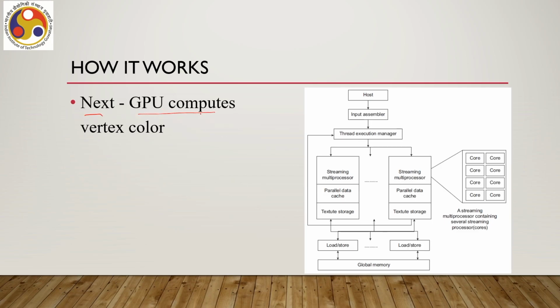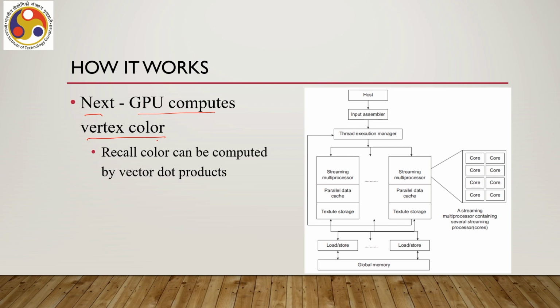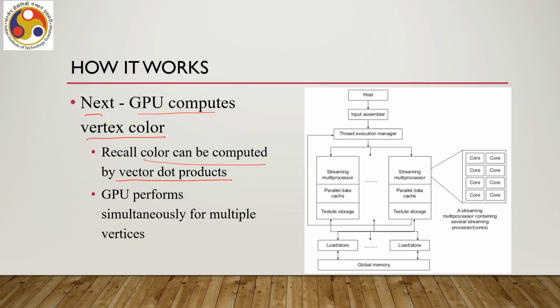Next, the GPU computes the vertex color. Now, the color can be computed by vector dot products, as we have demonstrated during our discussion on the simple lighting model. So, the GPU simultaneously performs such dot products for multiple vertices together.